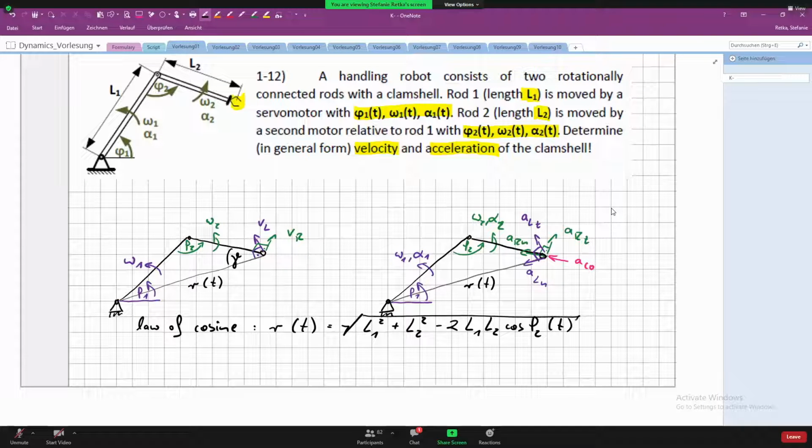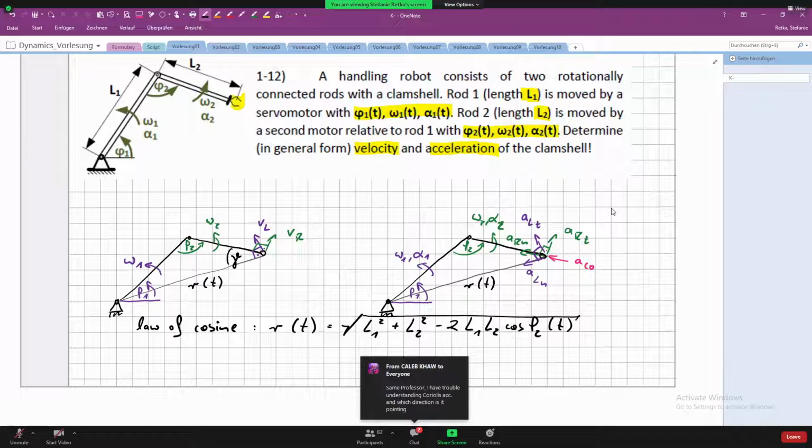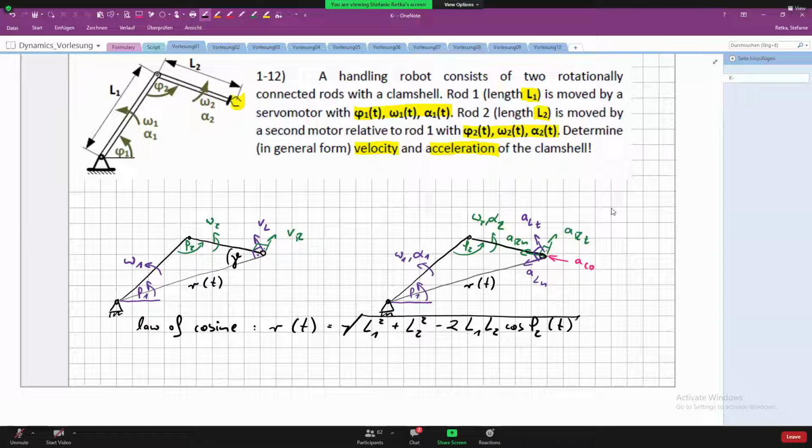There's a question referring to the direction of the Coriolis acceleration. Use your right hand. Now, what is the direction of omega 1? Omega 1 points counterclockwise. So your fingers have to point in direction of omega 1. Your thumb points upwards out of the plane of paper.